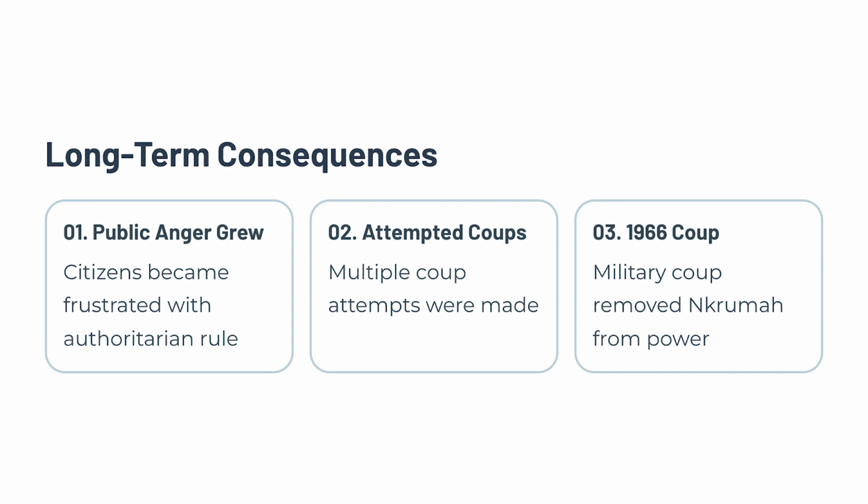After a brief return to civilian rule, the military took power again in 1981. This cycle of military and civilian government continued until 1992, when a new constitution was approved. This 1992 constitution brought back democratic multi-party rule and is the same constitution that Ghana uses today.